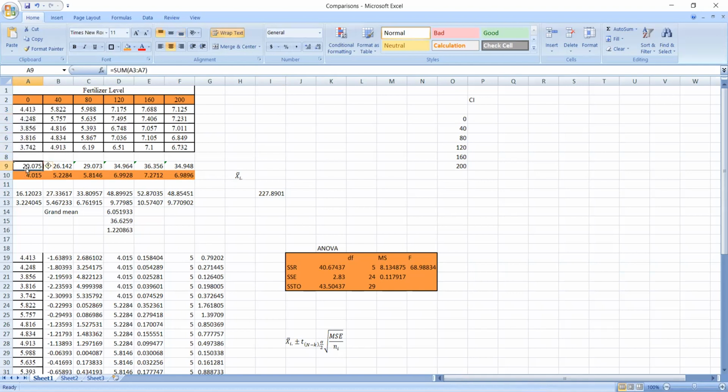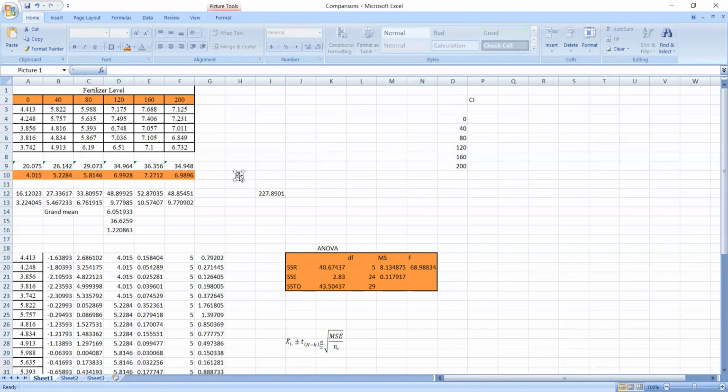So I have divided 20.075 by 5, and calculated the mean value for the first treatment, level 0, which in this example is 4.015. Likewise, for the second treatment level, the mean value is 5.2284. For this one, 5.81. Likewise, I have calculated the mean values.